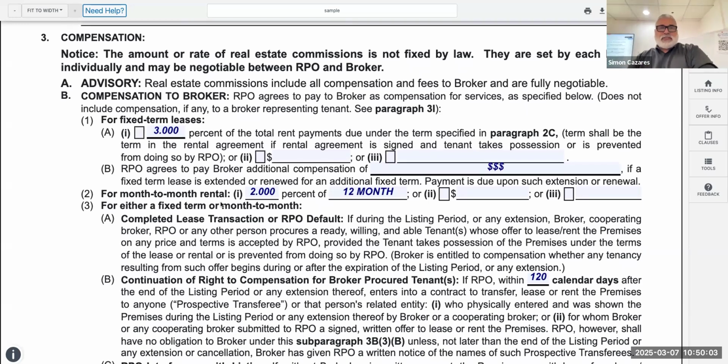So section B goes into compensation of broker. Our RPO agrees to pay the broker as compensated for services, as specified below, does not include compensation, if any, to a broker representing a tenant. Okay, so there is a tenant representation agreement. So if the tenant reaches out to you and calls you, hey, I'm calling you about 123 Banana Street in the city of Torrance.